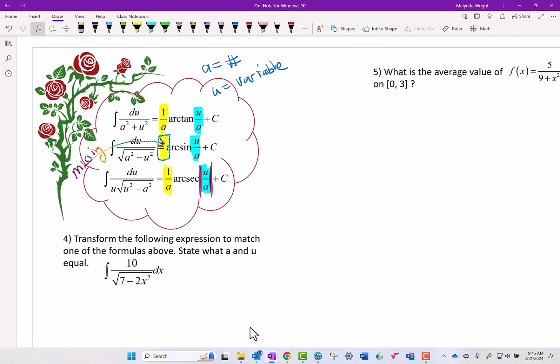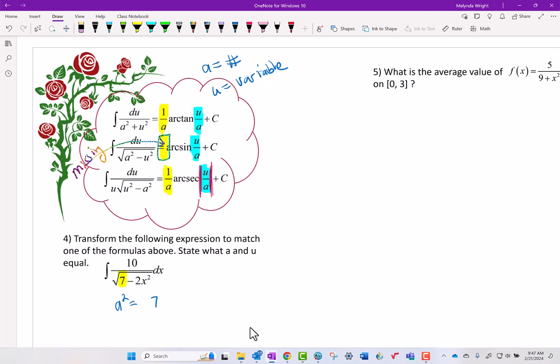This spot right here is the number. So if it's A squared, and this is just a 7, then A would be the square root of 7.